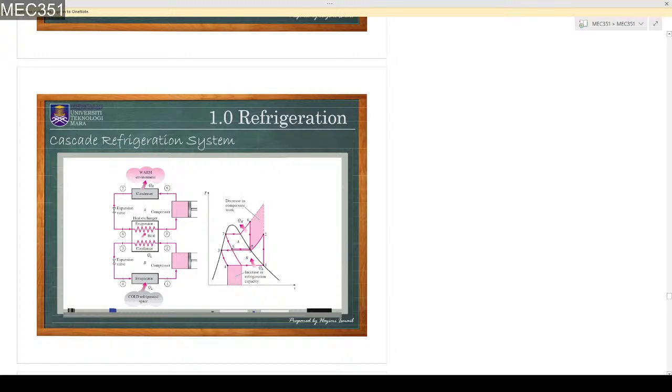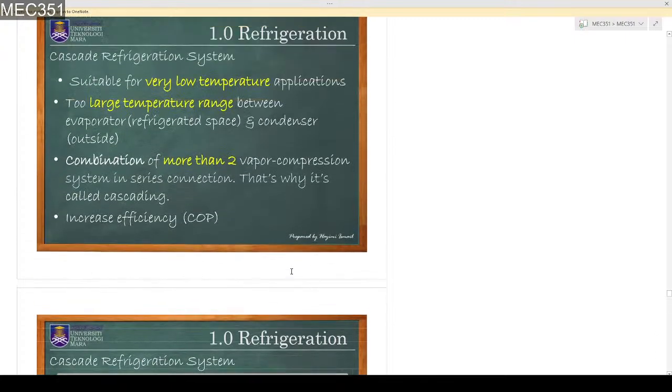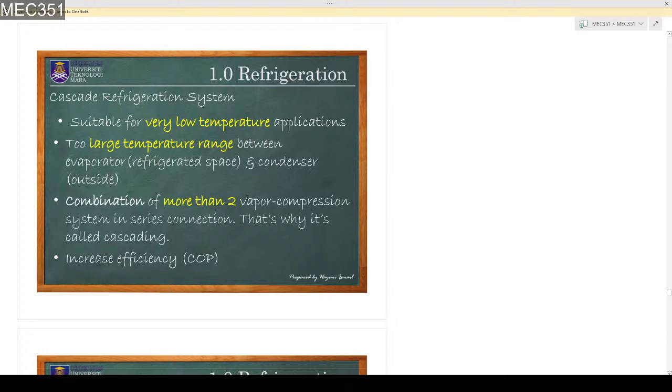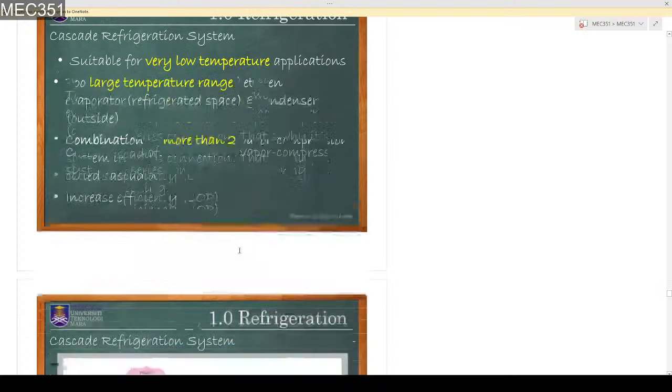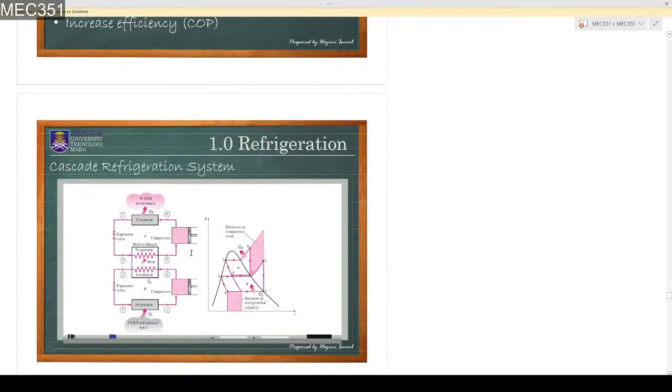The cascade refrigeration system consists of more than 2 vapor compression systems. It is basically you add up one ideal refrigeration cycle and another ideal refrigeration cycle. So we have a cascade system here.